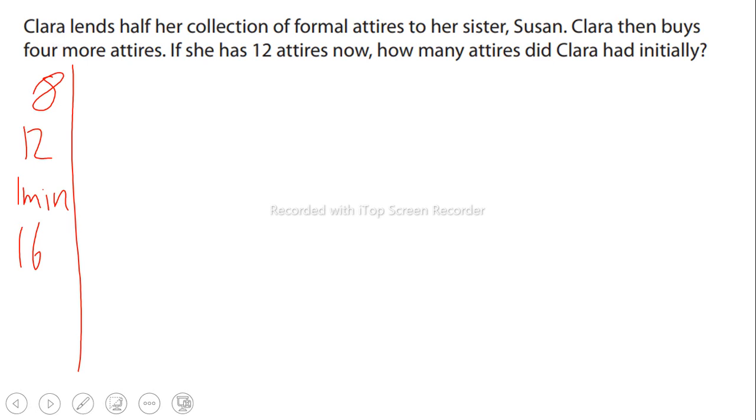So we have to think about these things, right? It says how many attires did she have initially? So you always use this to figure out what your variable is going to be. So what we're going to call x.